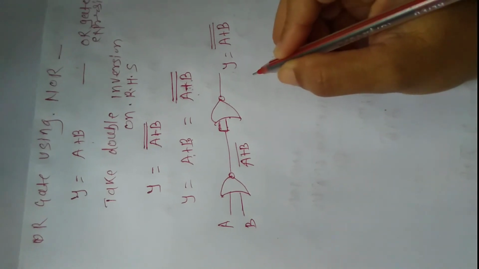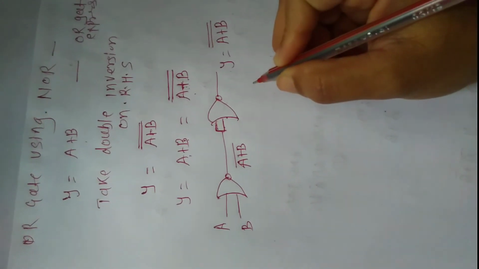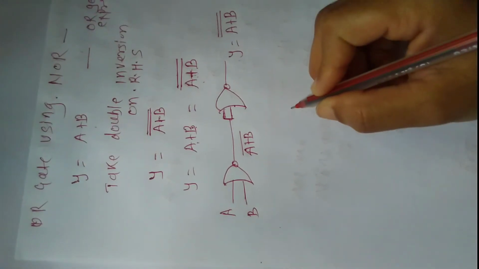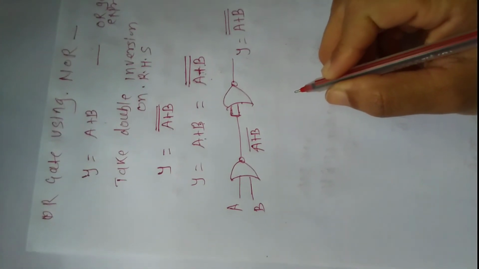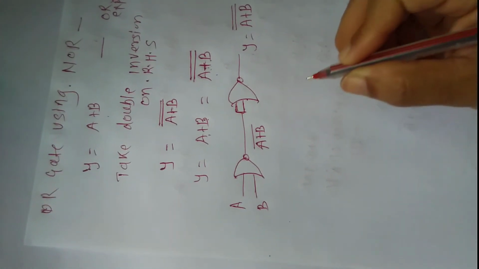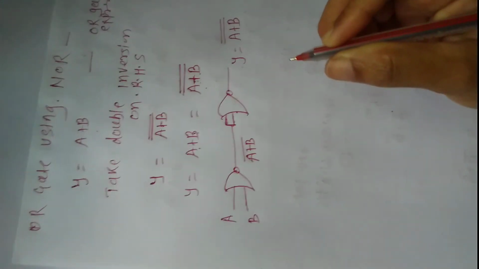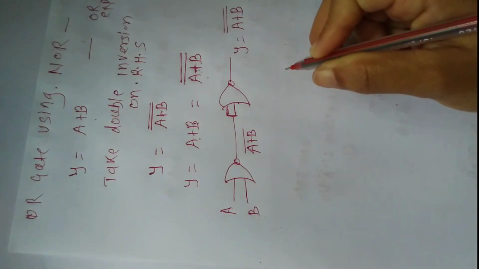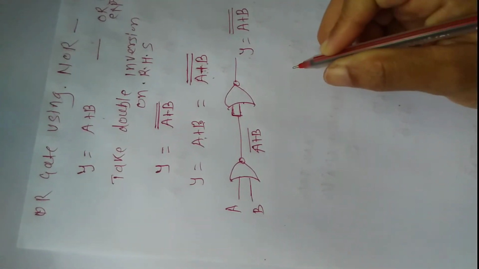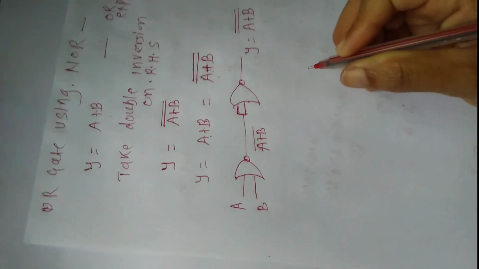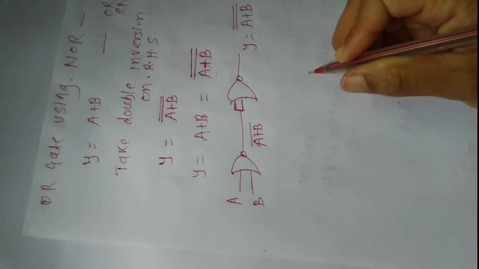At this point, we studied the universality of the basic gates OR, NOT, AND using the NAND gate, and the other point, the universality of NOR gate, where the NOT, OR, AND gates are converted in the form of NOR expressions.